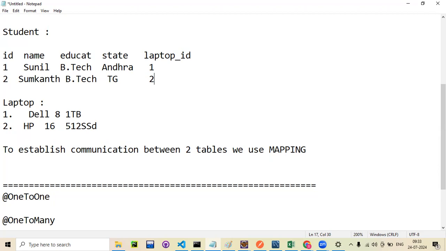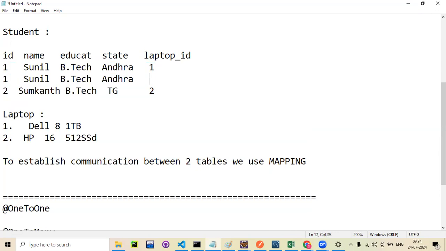See, Sumant, you can map from student to laptop, anything is fine, but it needs to be meaningful. Suppose Sunil is using laptop ID 1 and 2 both. In one to many, I'm telling. This record is using laptop ID 1 and this record is using laptop ID 2. And Sumant is using laptop ID, let us assume, 1.